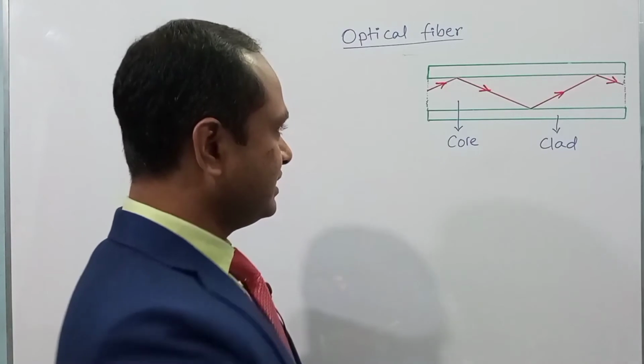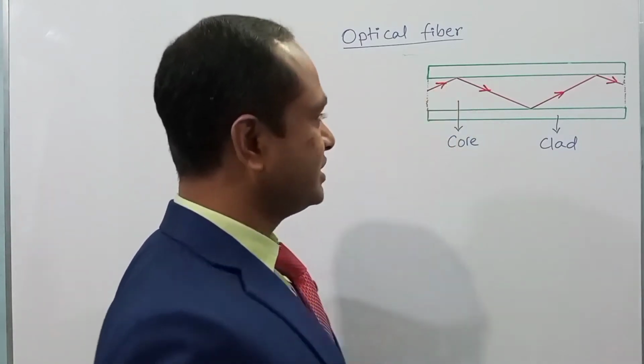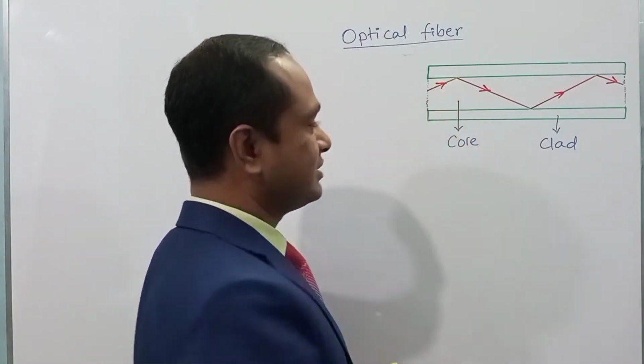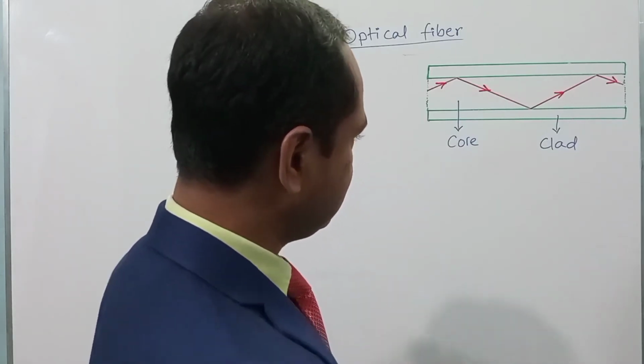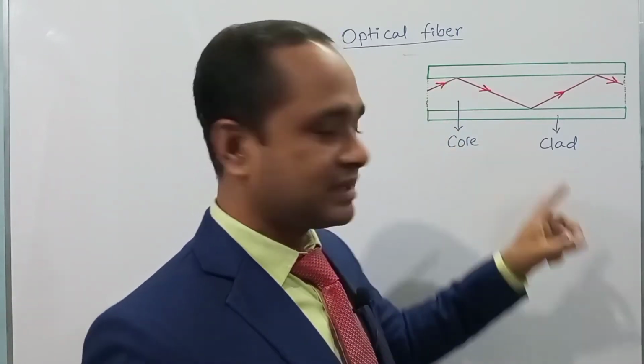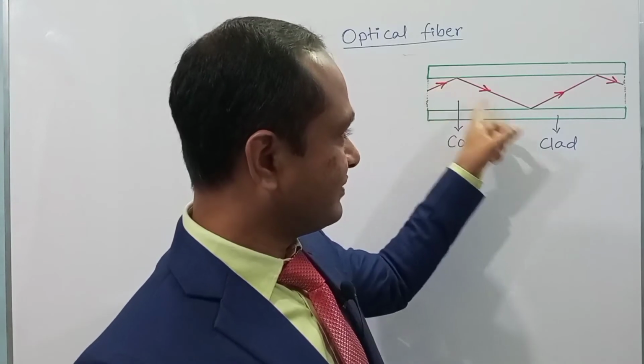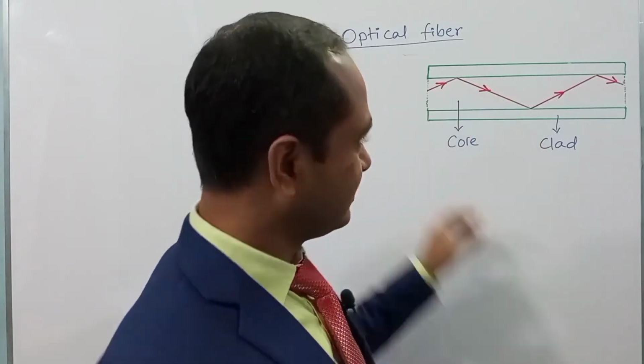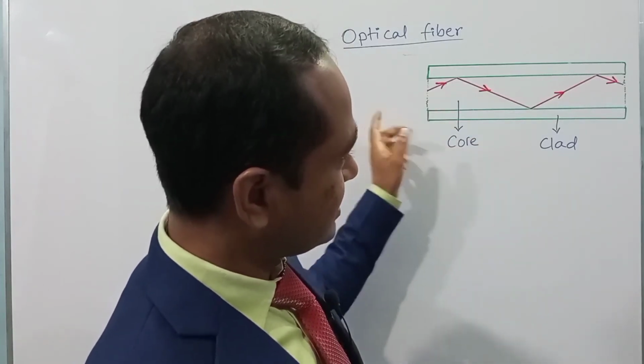So in that case, when light is incident on the plane of separation, it seems like light is entering from a denser medium to a rarer medium. So according to the laws of total internal reflection, if the incident angle is more than the critical angle between the core and clad, then it will be totally reflected into the core, and the reflection will continue up to the last end of the tube or optical fiber.